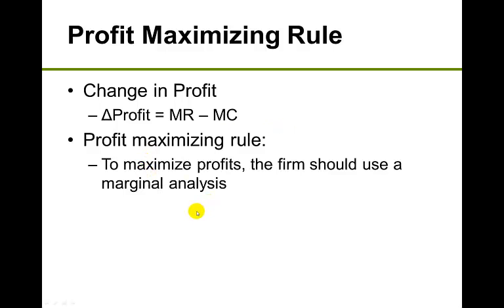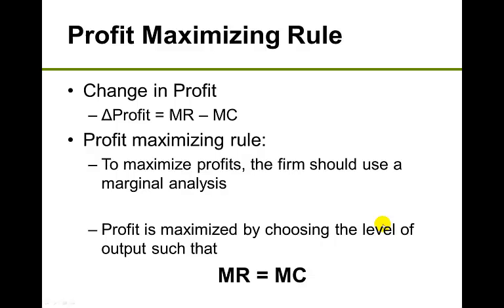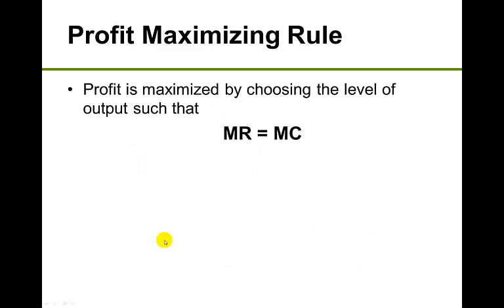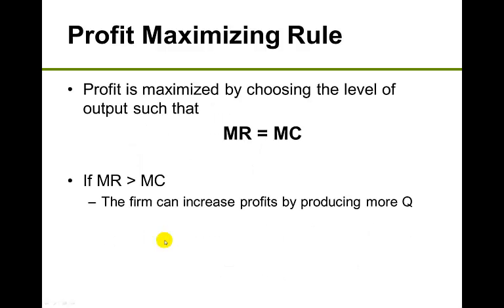So if you put these things together, you can see that firms will maximize their profits by choosing an output level such that marginal revenue is just equal to marginal cost. So why is this? Well, let's think about if this was not true. Let's say that we're producing some quantity where marginal revenue is greater than marginal cost.